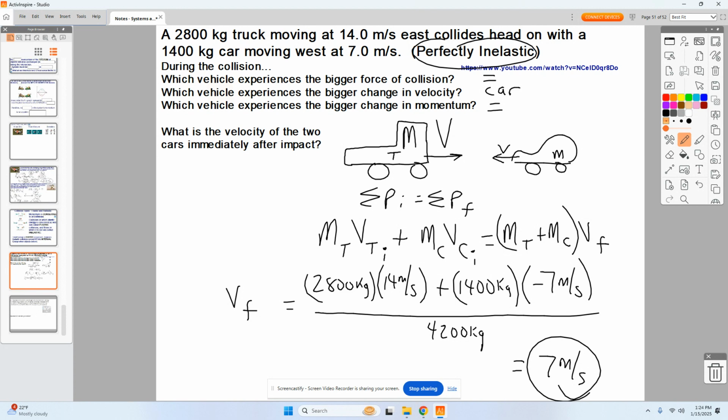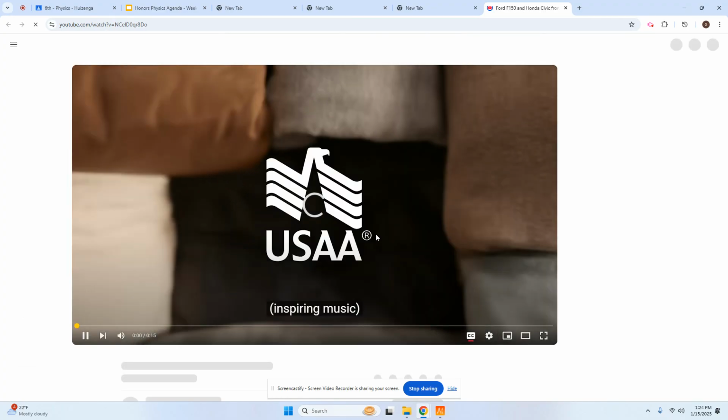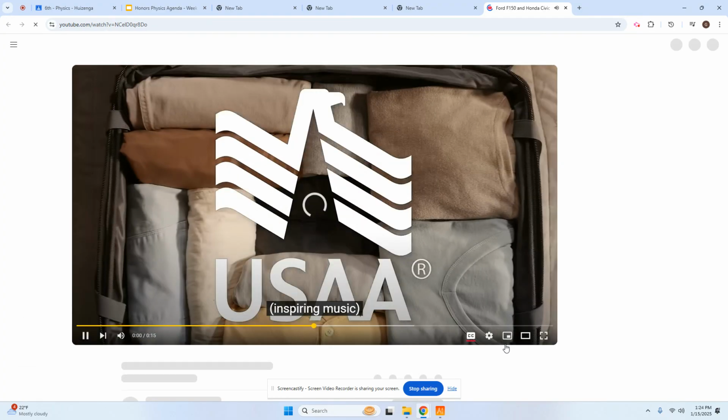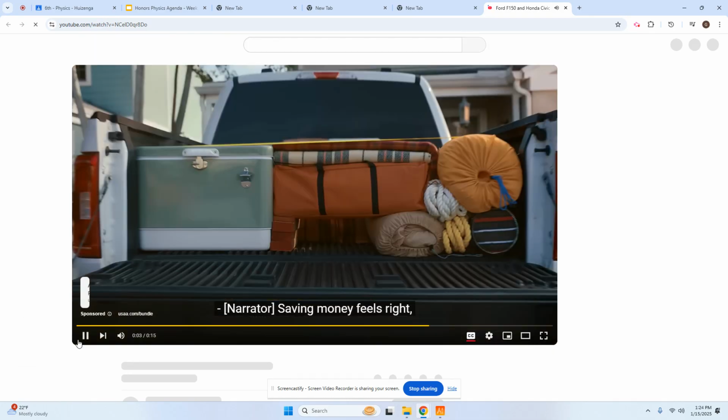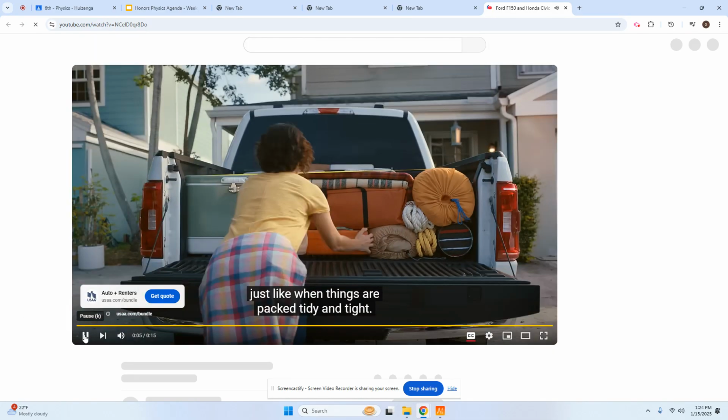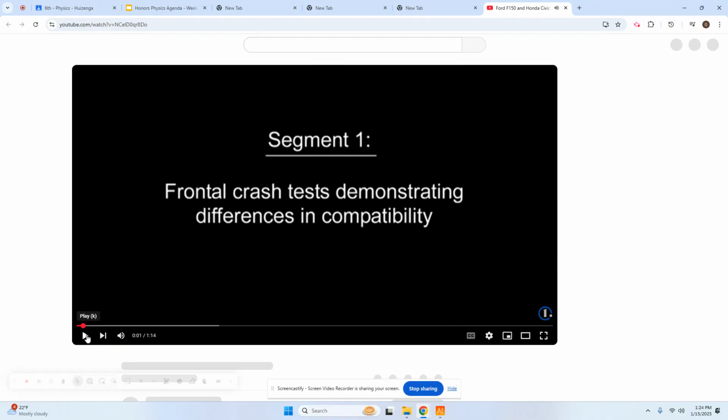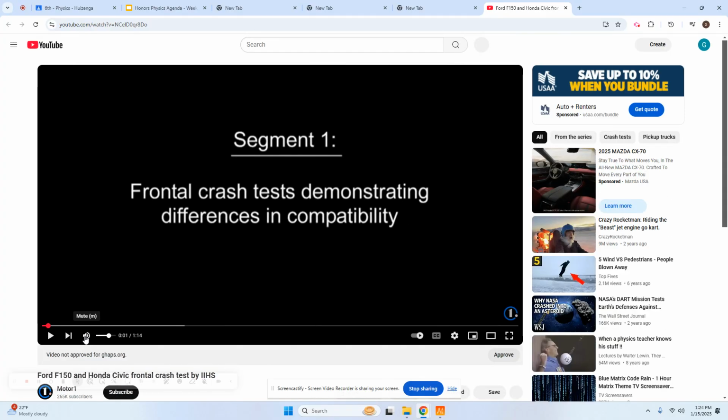I'm going to show you a couple of car crashes here. I think I have seen some of these things out in the parking lot.